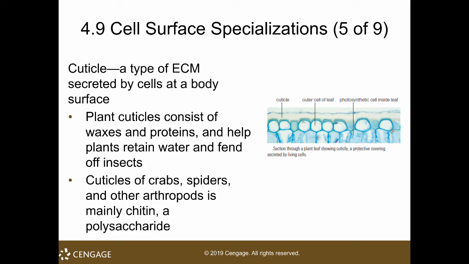The waxes in cuticles are extremely hydrophobic, so they tend to repel water. Water cannot pass through them, so plants can retain water inside, and they can also help fend off insects. The cuticles of crabs, spiders, and other arthropods are mostly chitin, which is a type of polysaccharide.